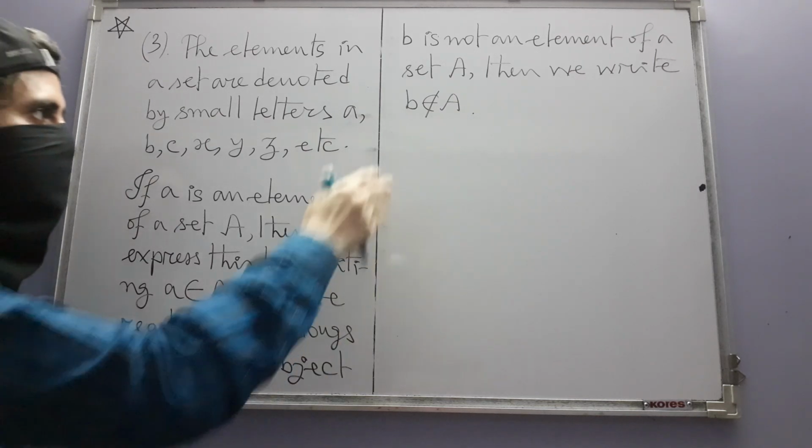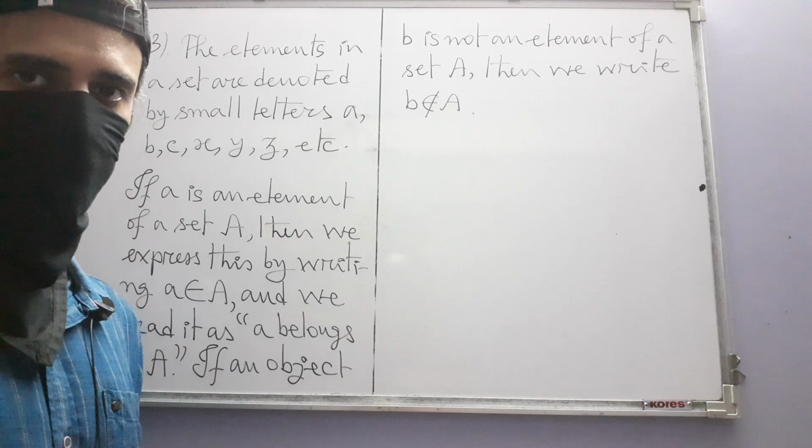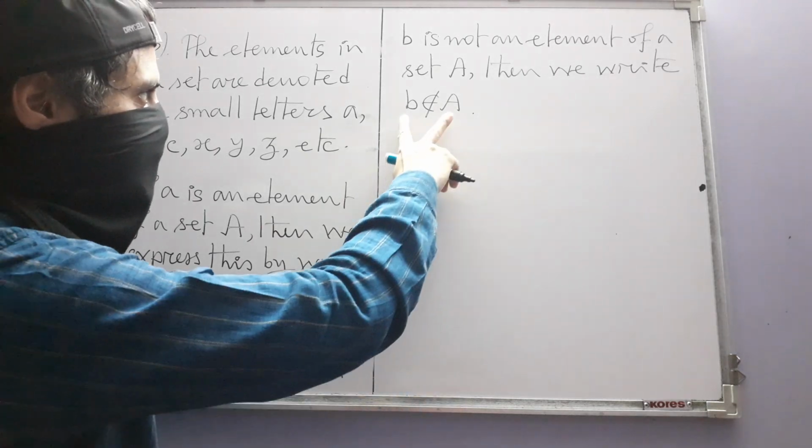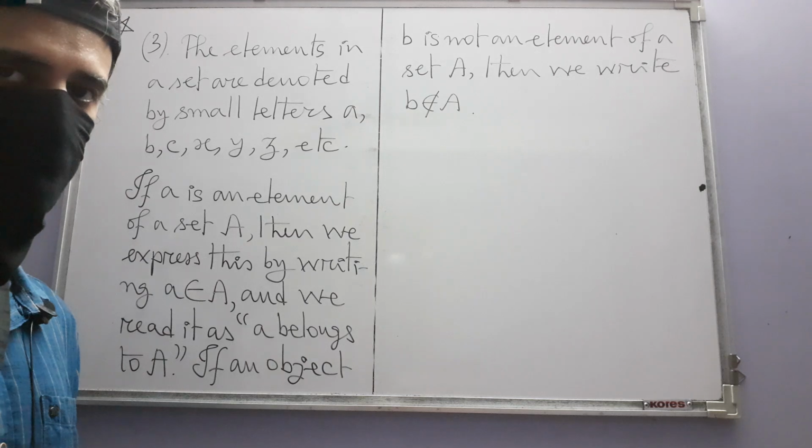We strike that epsilon. b is not a member of A, or not an element of A, and that is expressed by writing this symbol.